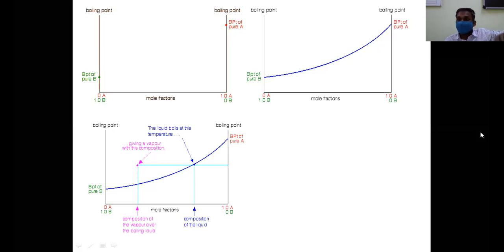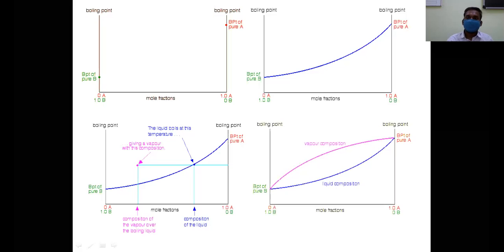What did I tell you? They will be different. They will not be equal to the liquid you used for the boiling. So go on doing this for a number of solutions. You finally will get a curve like this.